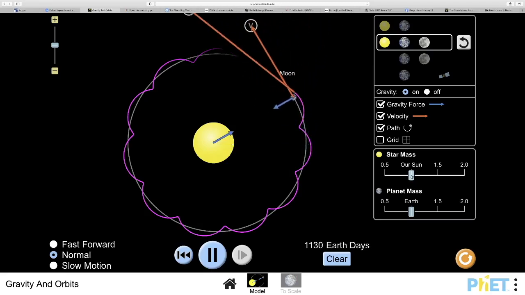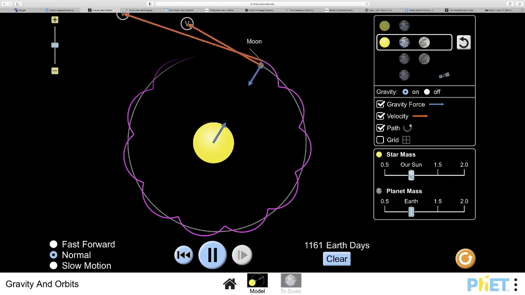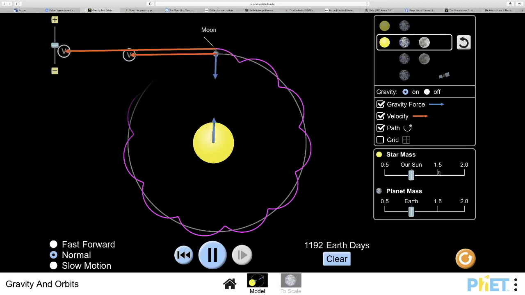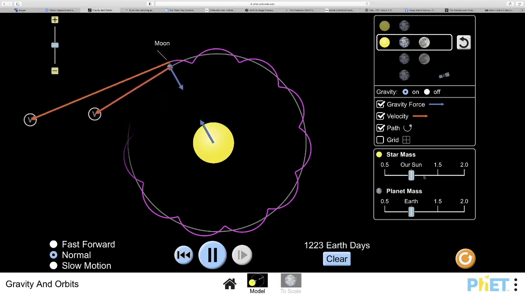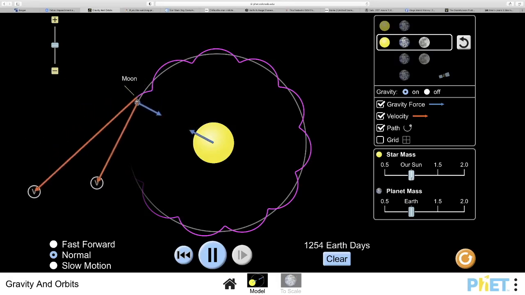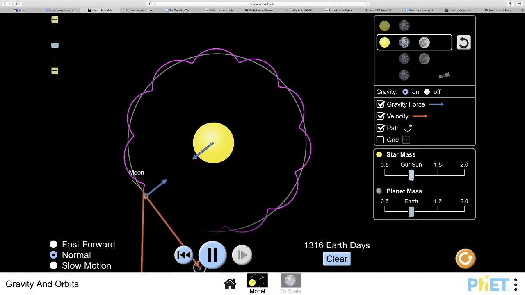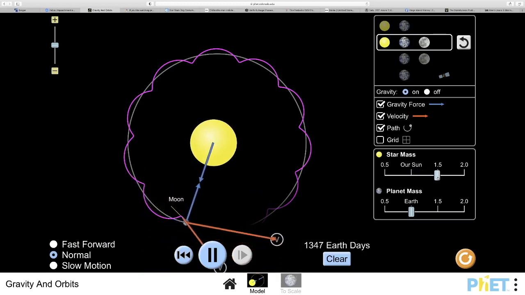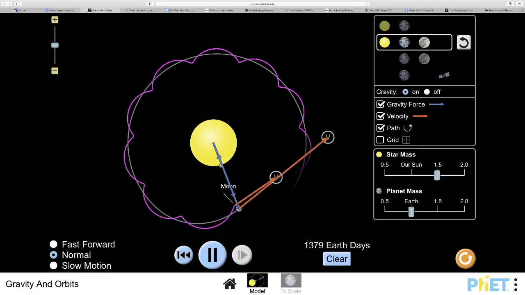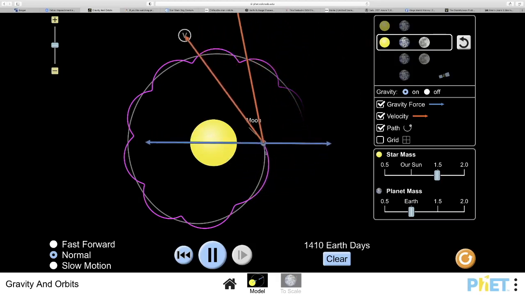Now I'm going to increase the mass of our Sun. Right here is normal. This is 1.5 times, and this would be double. So let's go up to 1.5 times and see if that affects the amount of gravity that the Sun has. Okay, you can tell real quick this line has gotten bigger.